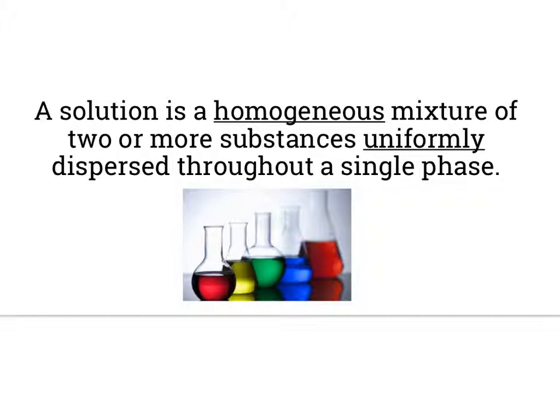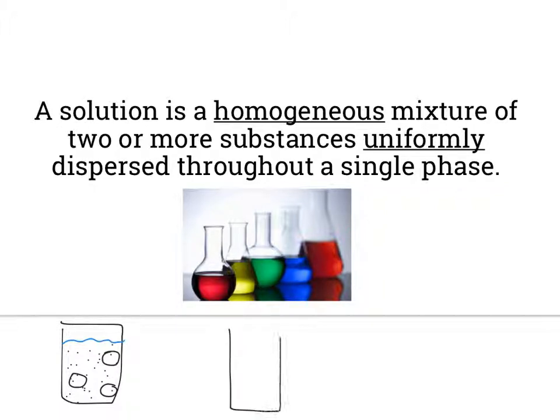So the main definition comes down to, say you got a beaker with water, and I got tons of dots everywhere. If a solution is properly done, then any random sample of this, of the same size, should get me the same concentration, which, as you can tell from mine, it doesn't quite.